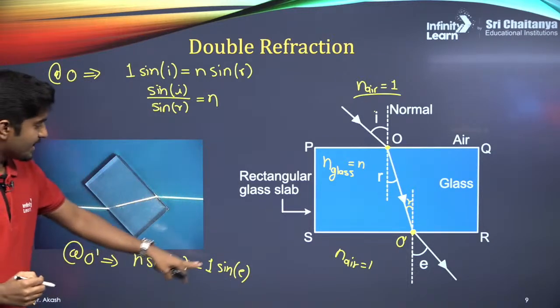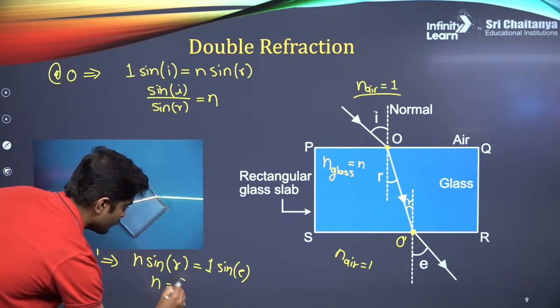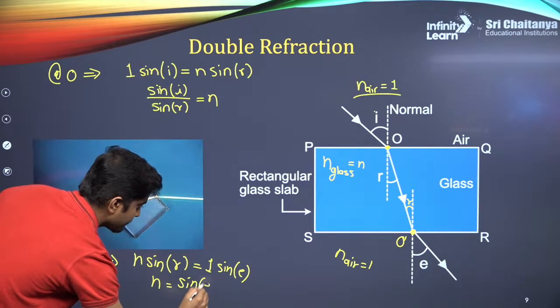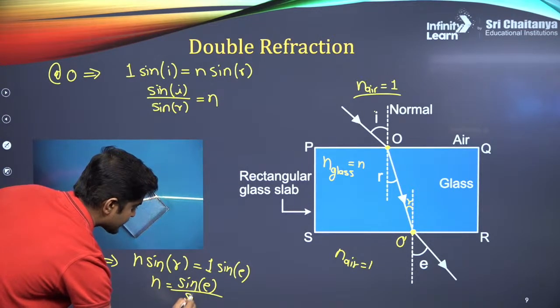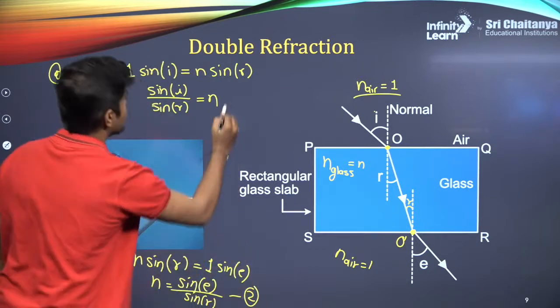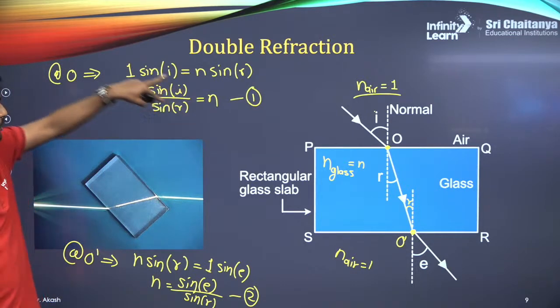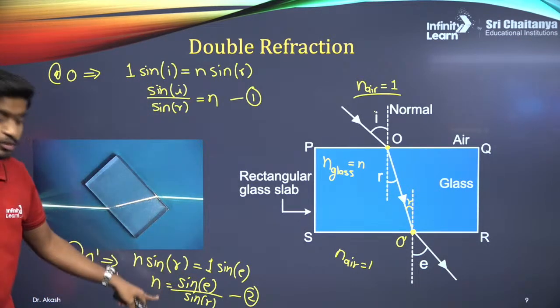Yes, so from here again we will get a similar equation, which is N is equal to sine E divided by sine R. Let's call it equation number 2. This is equation number 1. So here can you see this N is equal to this ratio, N is equal to this ratio.